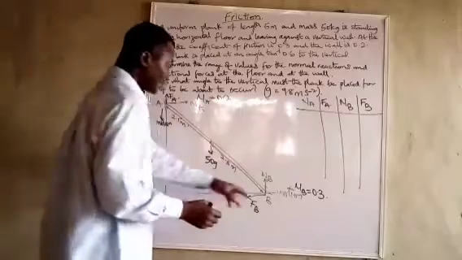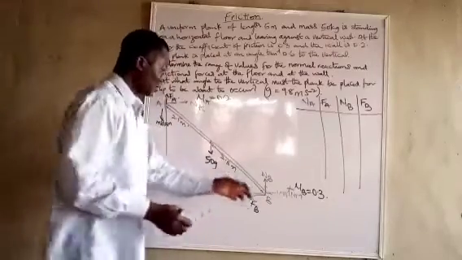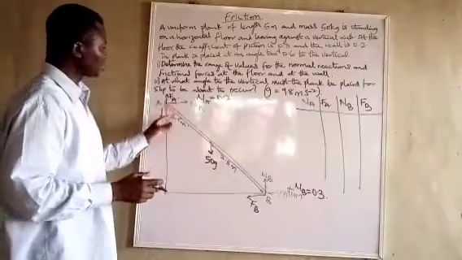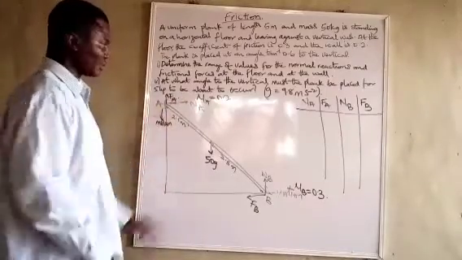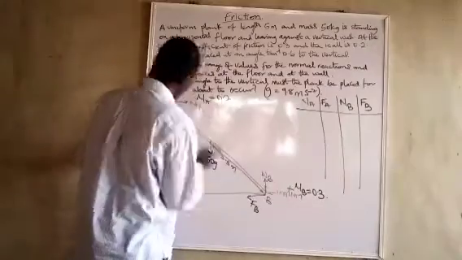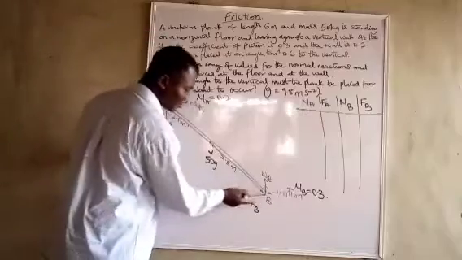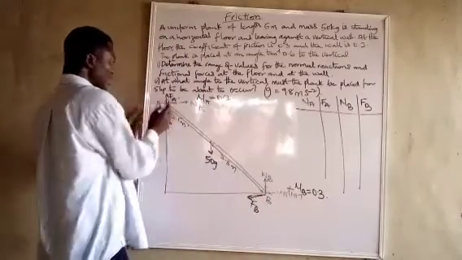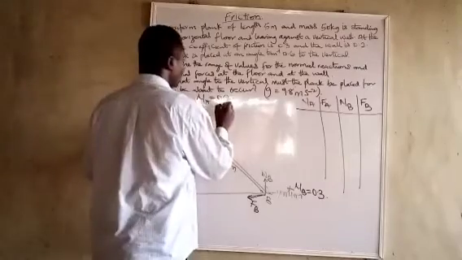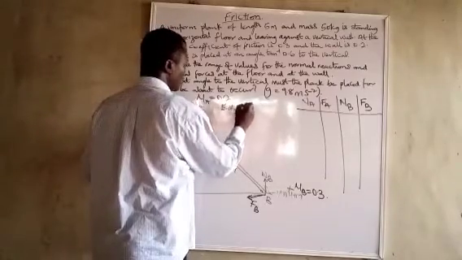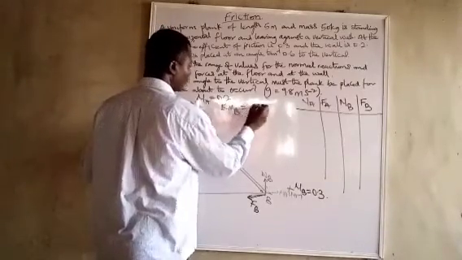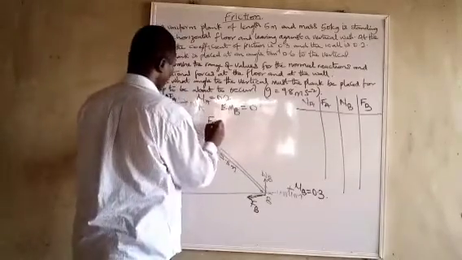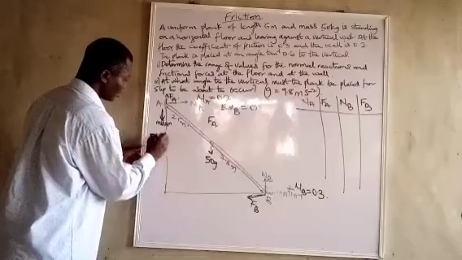So we'll be able to know the values, and then we'll be able to pick the ranges. Now let's start. Let's take moments about B for this situation. Let's say the motion is impending at this place first. The normal reaction is upward, this one is friction towards this place, and the friction here is also upward. So let's see. Summation MB is equal to 0. Therefore, for this one, we have FA times 5 cos theta.